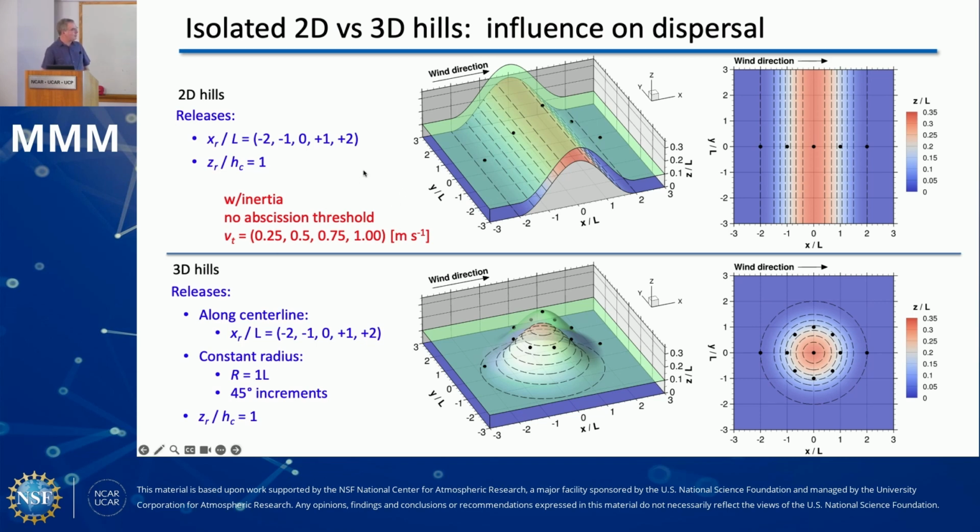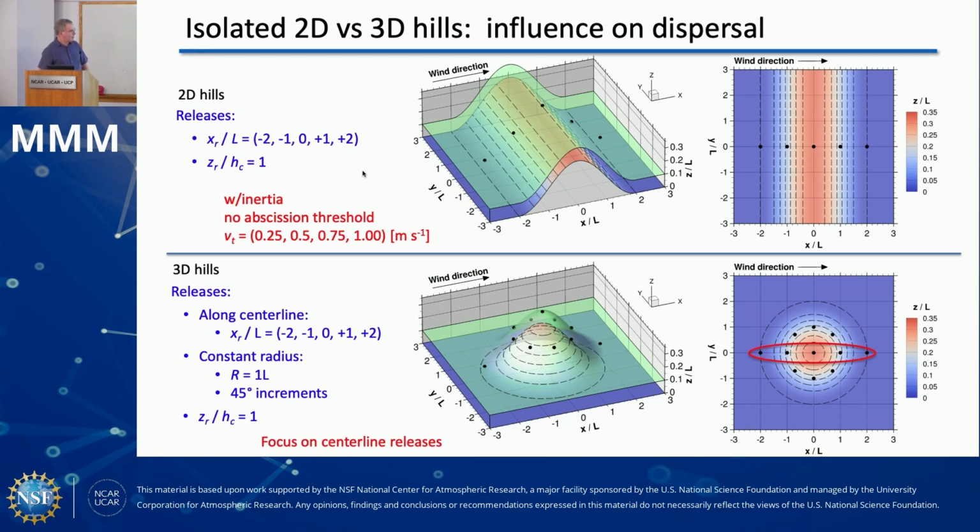So that's why these were picked, and I just wanted a range that was nice across those. But the other point here is there's no abscission threshold. So I'm letting the seeds go. They're immediately let go in the flow at the speed of the current flow. So I'm not waiting for a branch shaking. I'm not waiting for a gust. I'm just letting them go as they might.